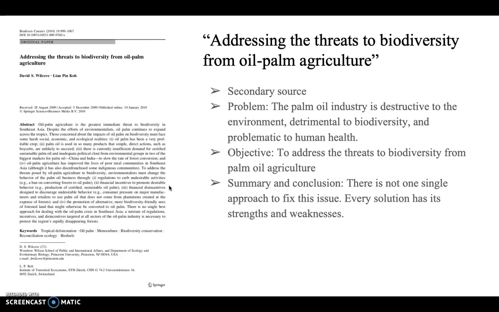So after reading this article, the general summary and conclusion that I came to, that these researchers came to, was that there is not one single approach to fix this issue. Every solution has its strengths and weaknesses, and that is what I think is the biggest problem about this particular research question and trying to find an answer.